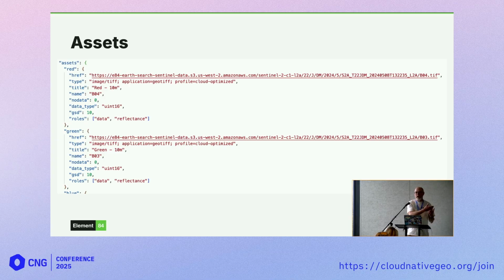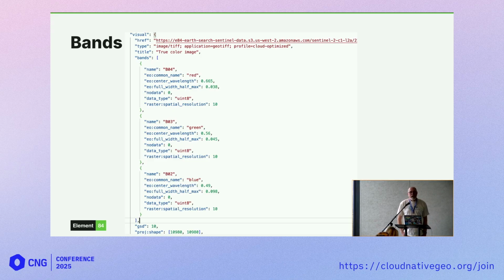So you might have a mix of data assets and metadata assets. So in this way, you can think of STAC as sort of a clearinghouse for all of the things associated with this granule, with this scene, including all of the metadata or a thumbnail or a visualization as well. Those are all assets.